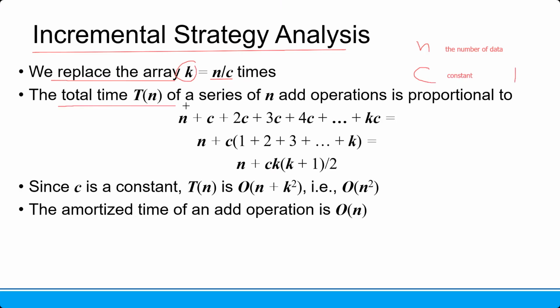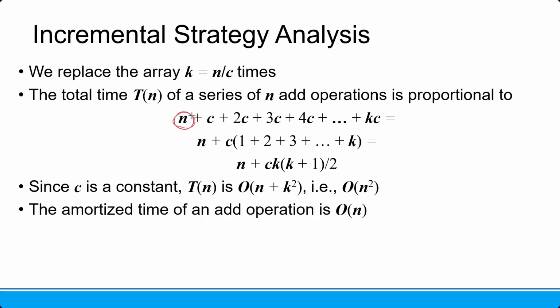So we can see the time of a series of n add operations is proportional to this equation. Let's suppose at the first time we have n data, and then we want to add one element. For example, let's say c equals 1.